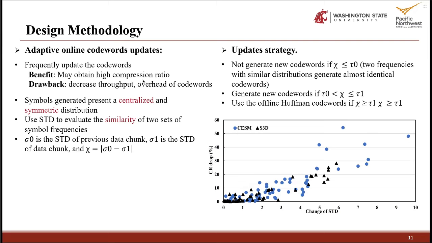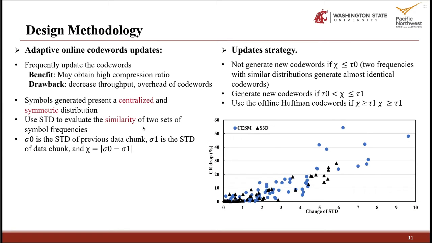Besides, we also need more space to store the codewords. The symbols generated by the dual quantization present a centralized and symmetric distribution. The generated codewords are highly related to the distribution of symbol frequency.